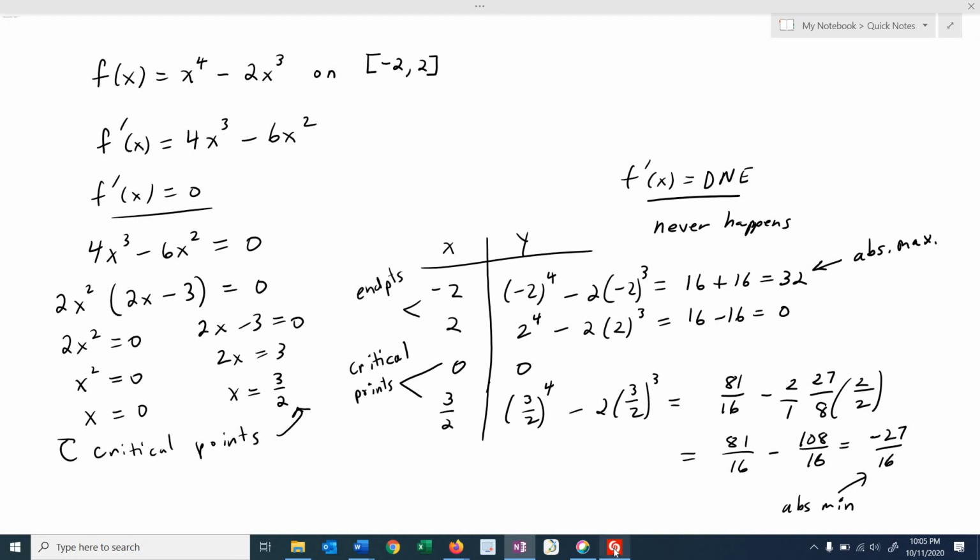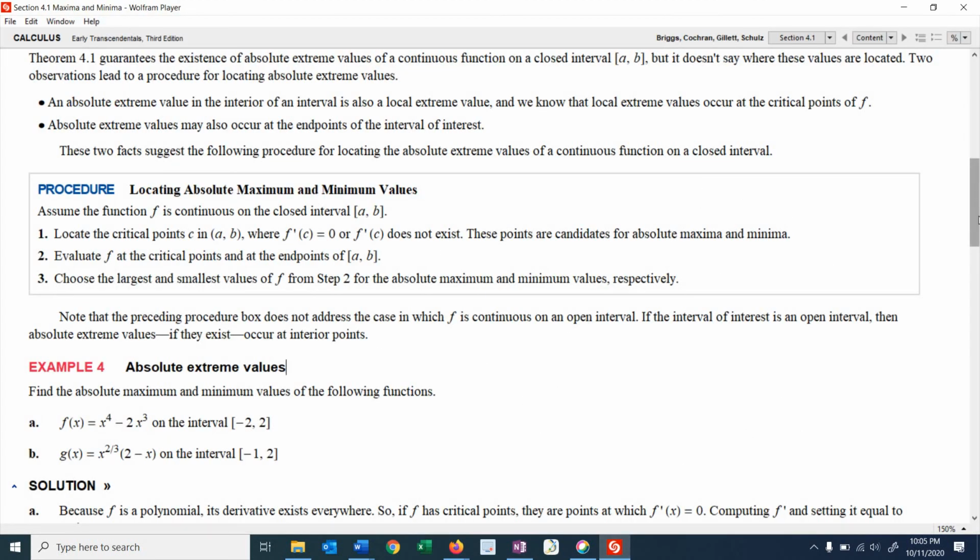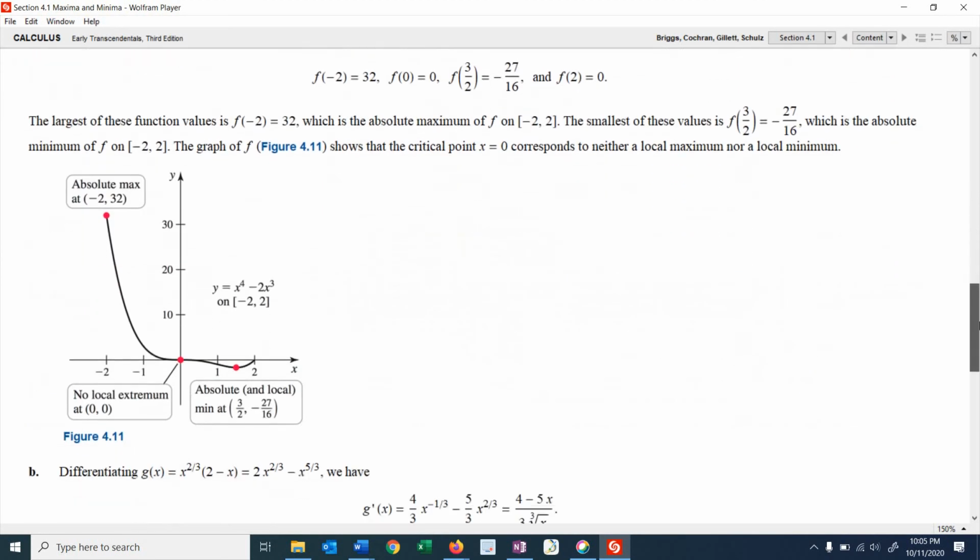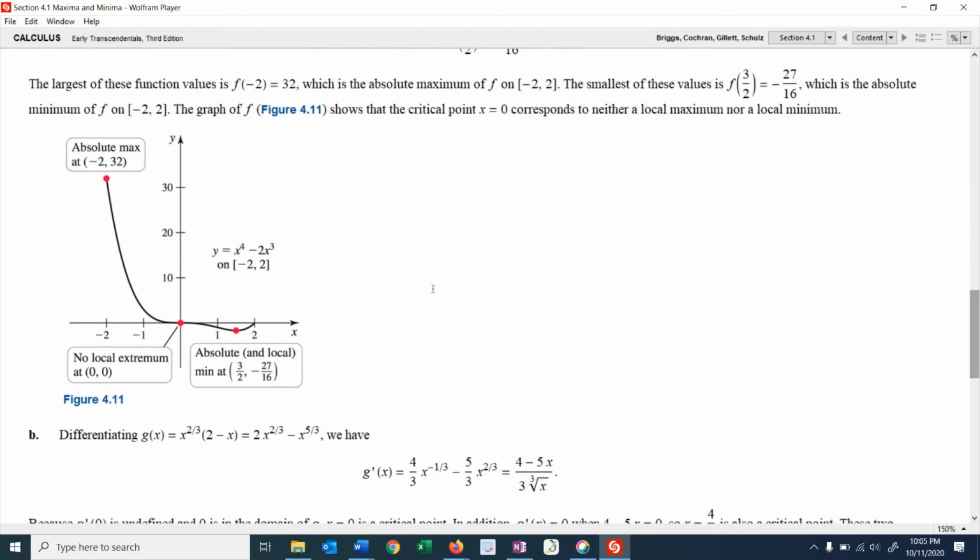Okay, just to reinforce this, let's look at the graph of this function. So if you graph this function, x to the 4th minus 2x cubed on the domain from -2 to 2, it looks like this.